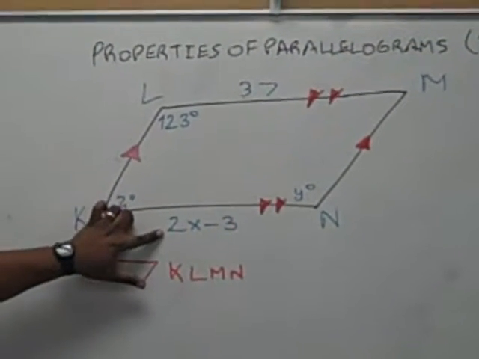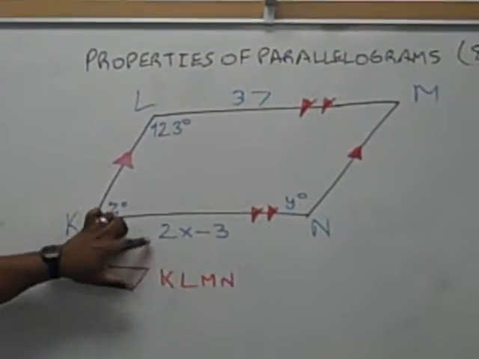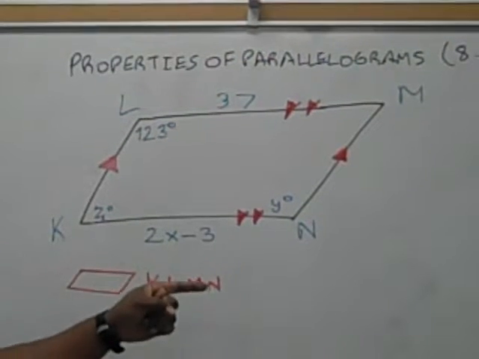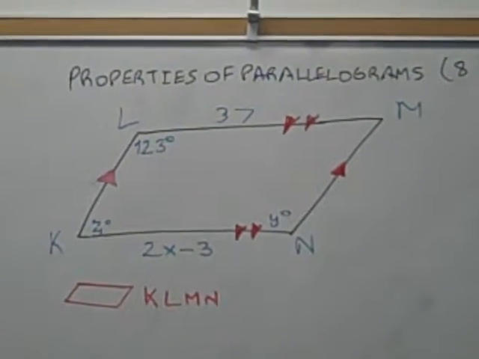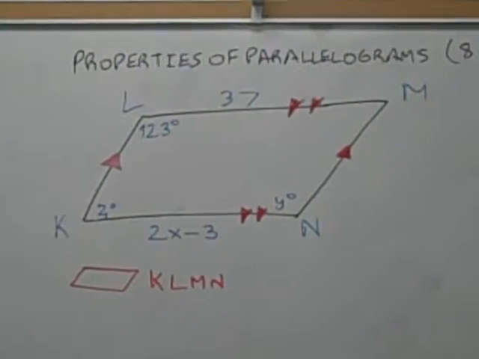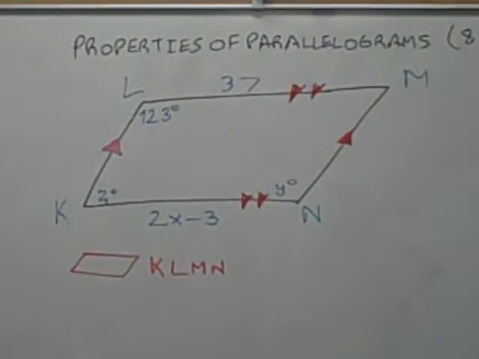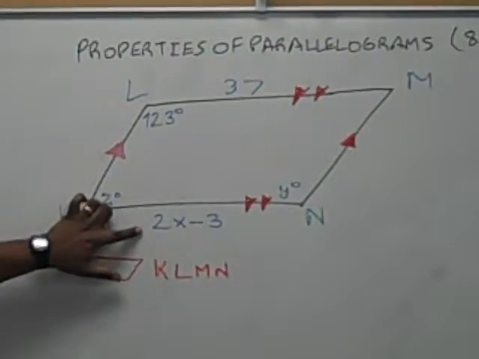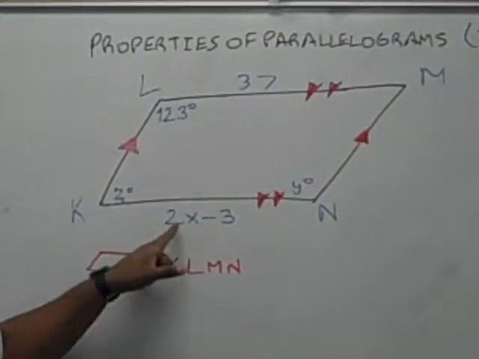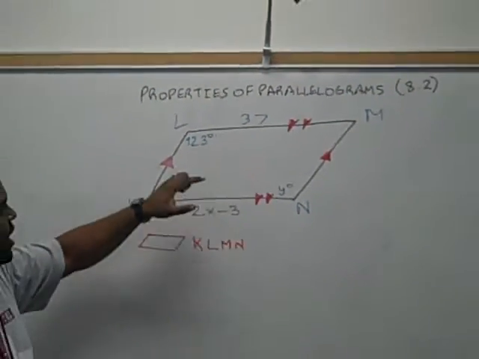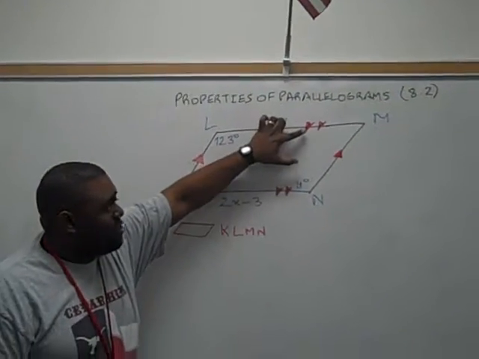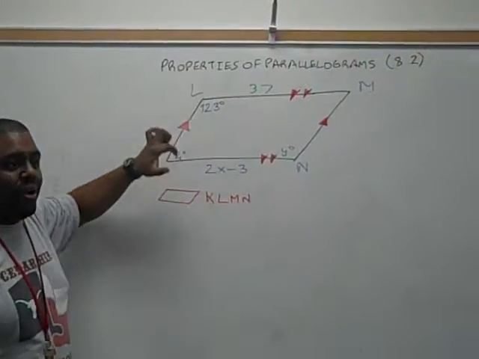Now, you notice that 2x minus 3 is a side length. It's the side KN. Now, what did we learn before? What did we learn about sides? That's right. We learned that 2x minus 3, this side right here, KN, is not only parallel to LM, but it's also congruent to it.